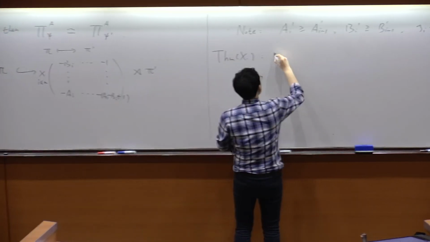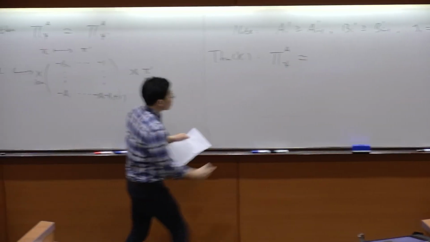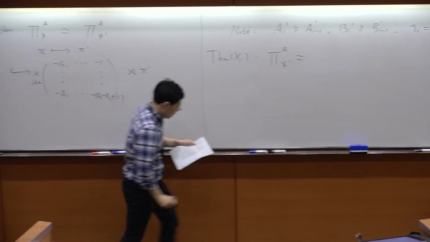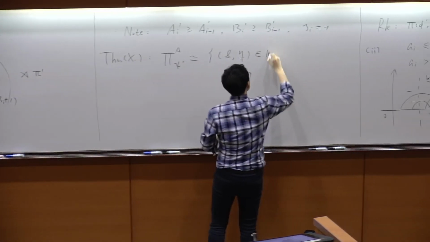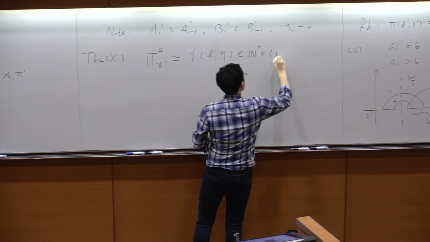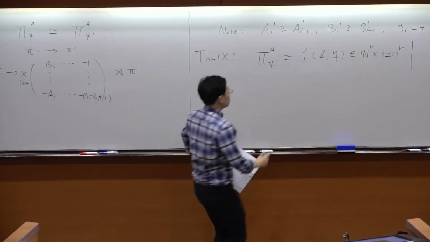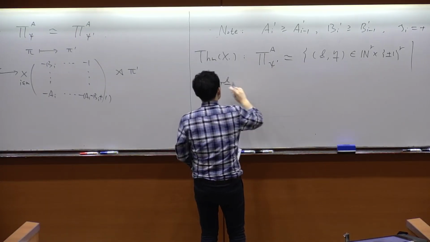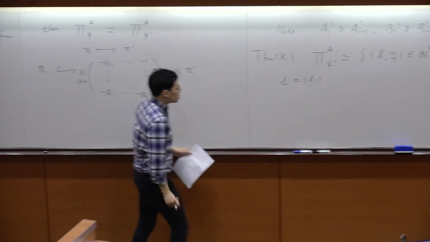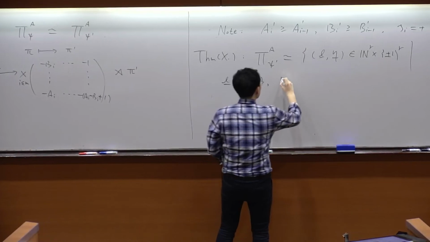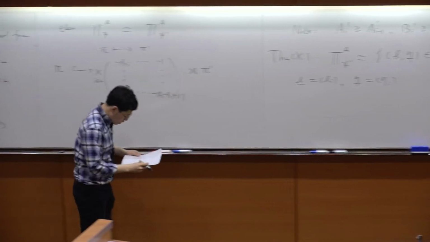So just like Mœglin's theorem, we have a bijection between this packet and pairs. But now since we have more intervals, this L lower bar is going to be a tuple of R entries, and similarly this eta lower bar. So what are the conditions?